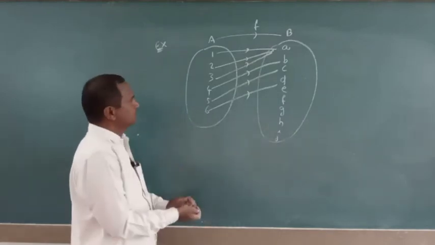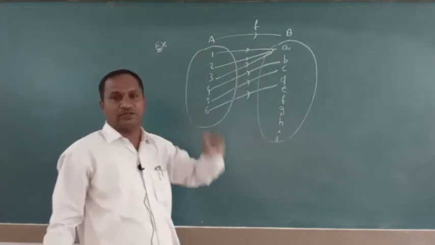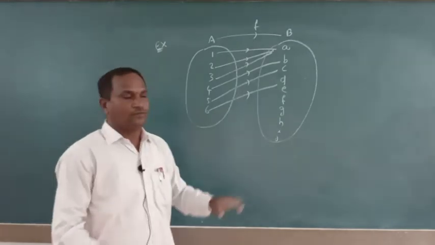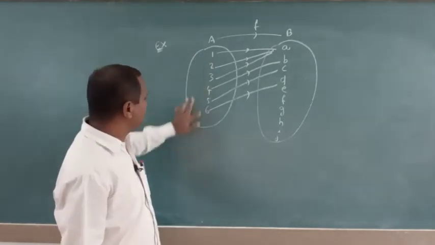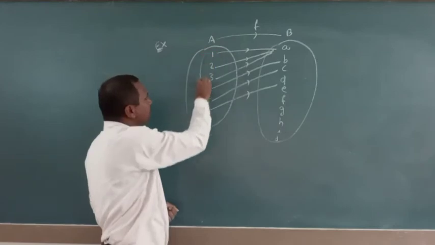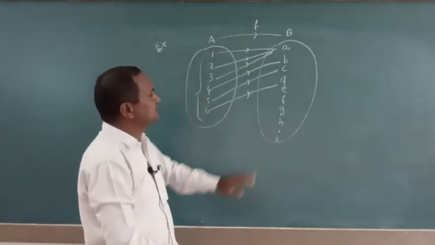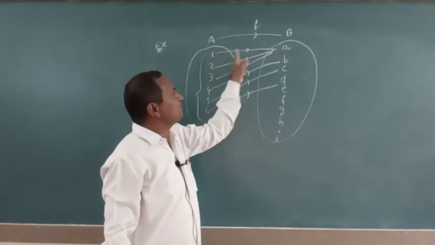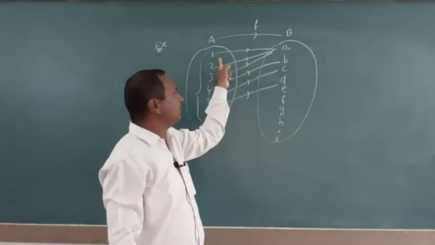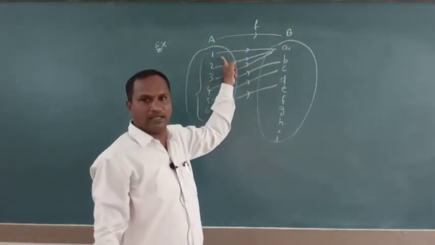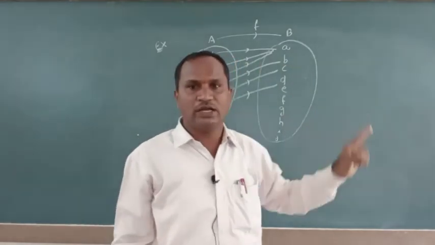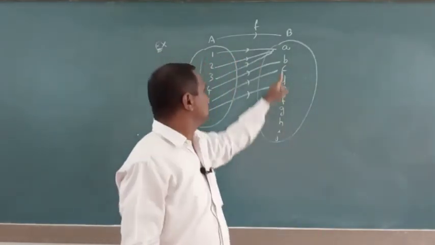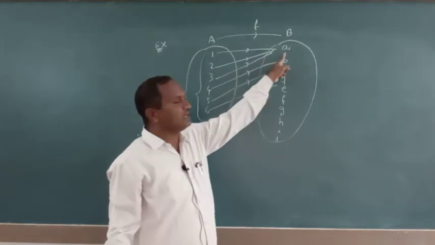First point, which I have given before: for all x belongs to capital A, there exists a unique element in set B. Each element must have one element in set B. For example, 1 has only one element in set B, 2 also has one element.